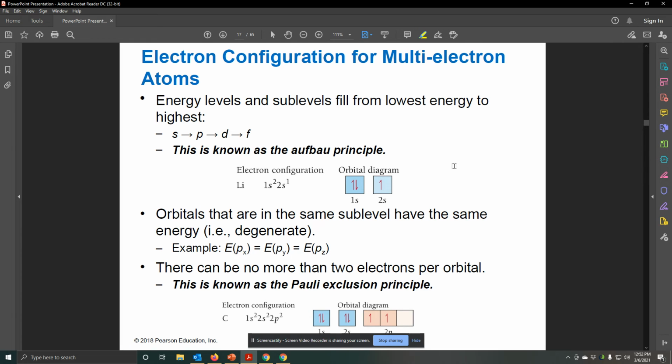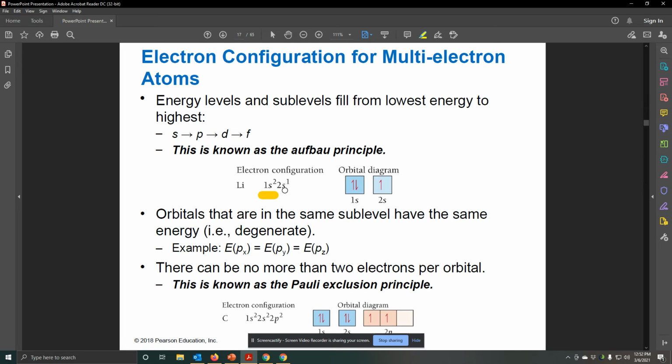Okay, so let's look at lithium. On your periodic table, lithium has how many electrons? It has 3. So I have 3 electrons to fill. I'm going to fill them first in the 1s subshell, because that's always going to be my first one. I can put 2 of them in the 1s subshell, and then the 2s subshell is next, and I have 1 more remaining.